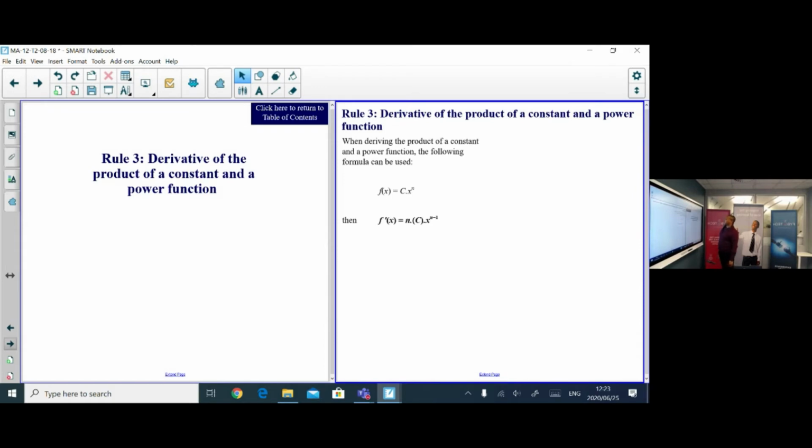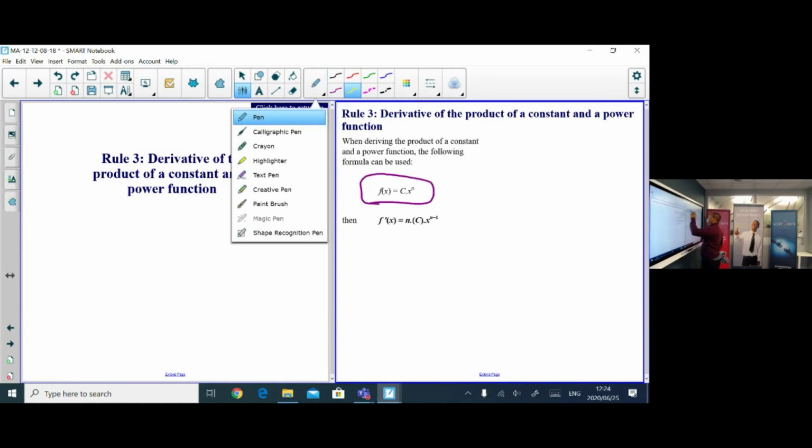In this case, we are now looking at the derivative of a product, and actually we have a product of a constant and the power function. So we have kind of two things married together in the form of having it like this.